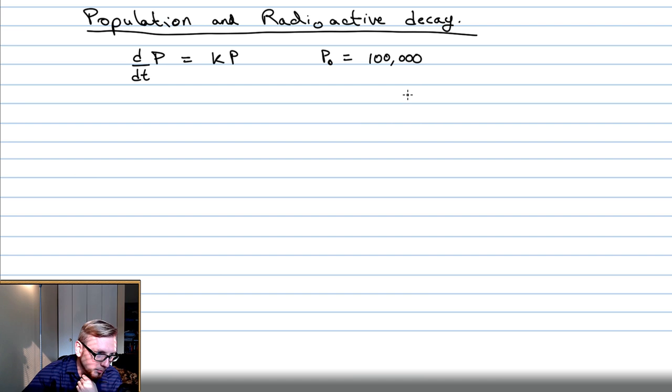And we're doing bacteria in a petri dish. Okay. Then after 2 days, our population has grown to 150,000.